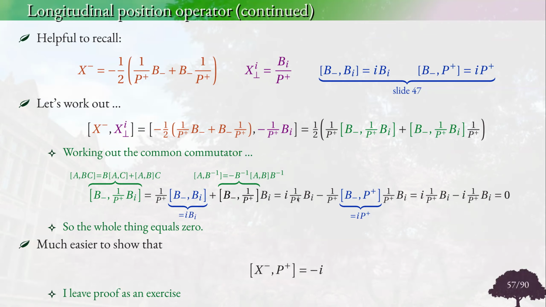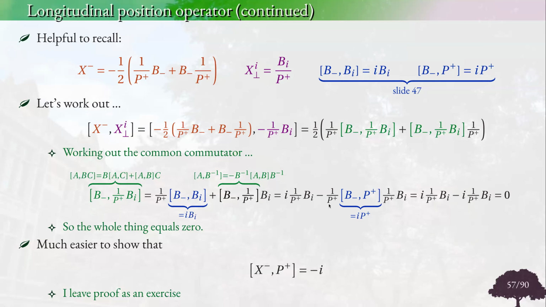It doesn't matter which side we put it on because they commute. From this identity, we have a commutator of B minus with P plus, which gives us an IP plus. We have a minus sign from the minus sign in this identity. So we basically just have IBI over P plus minus the same thing, so we get 0.